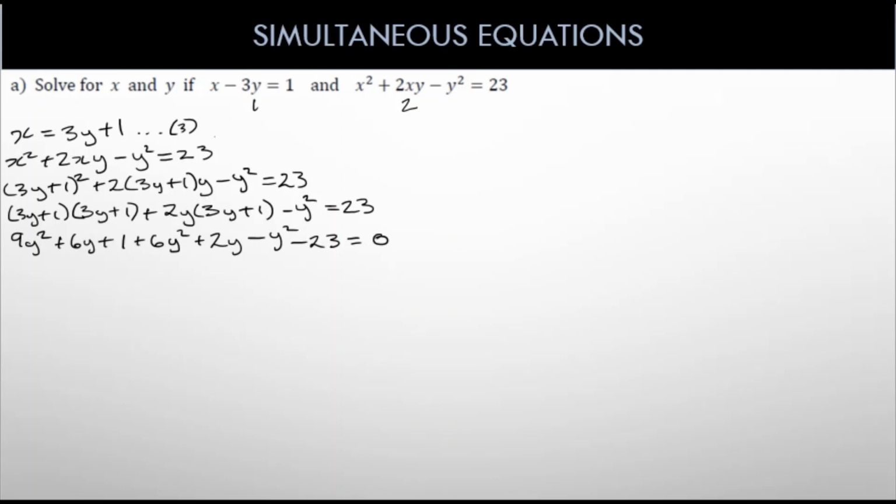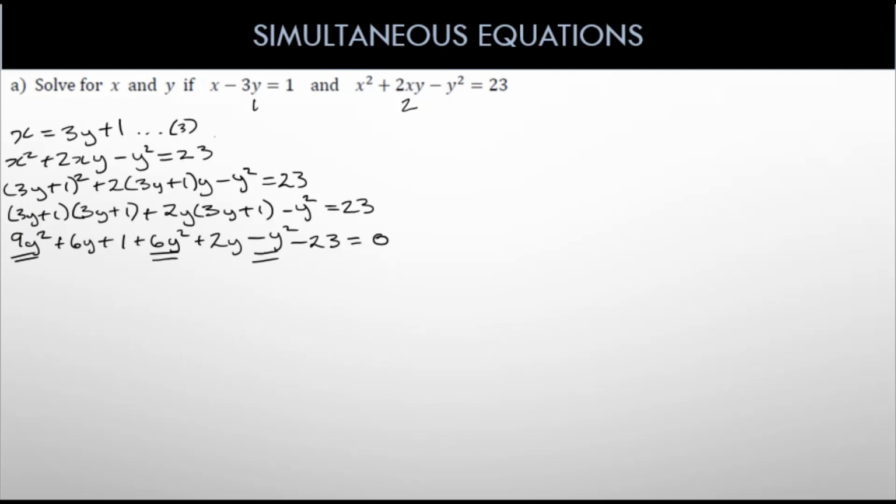So I have 3 values having a y squared. So I'll have 9 plus 6, it's 15, minus 1, that will be 14.